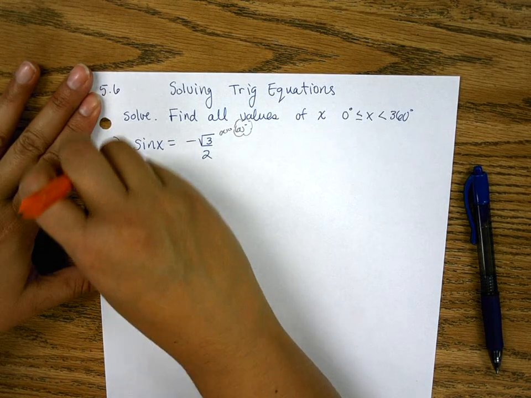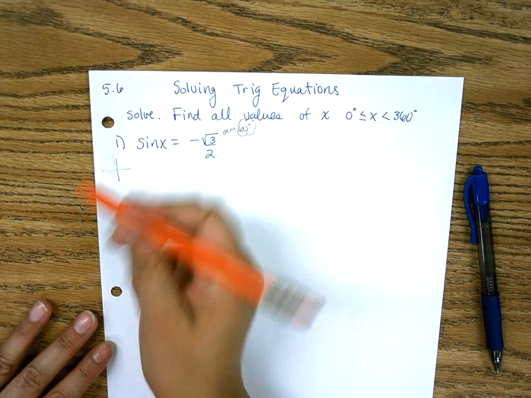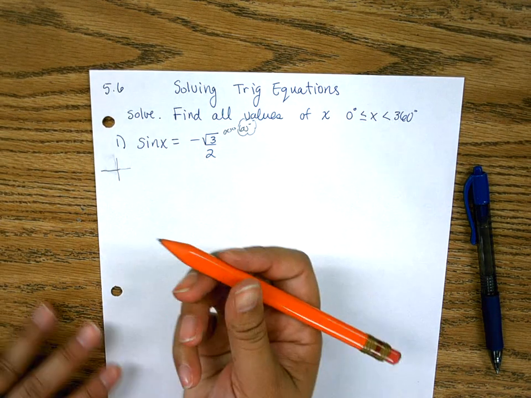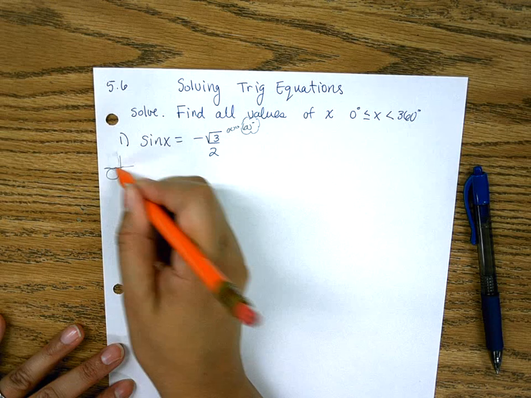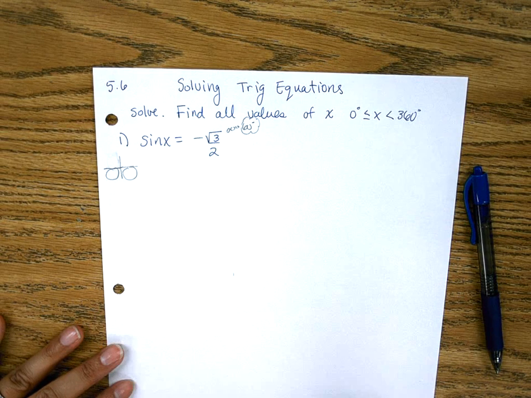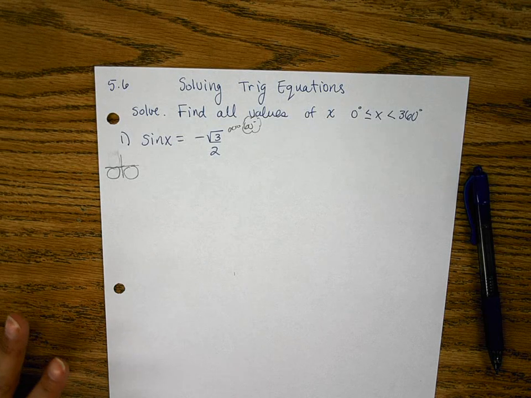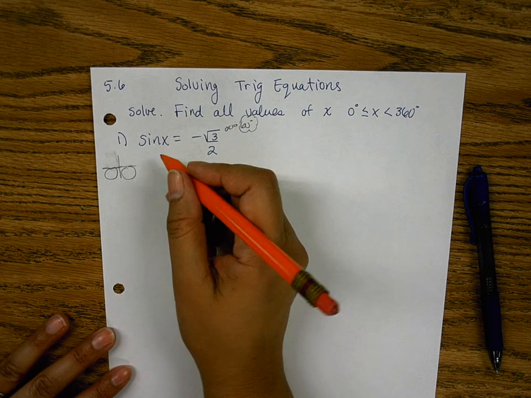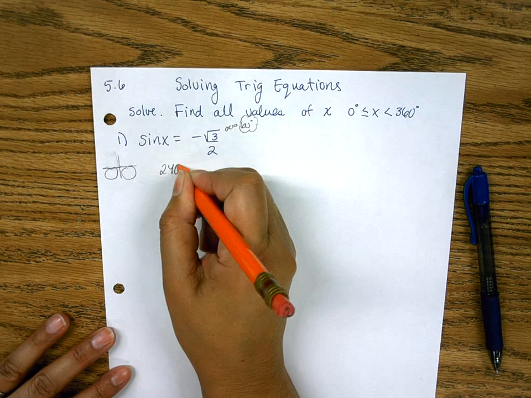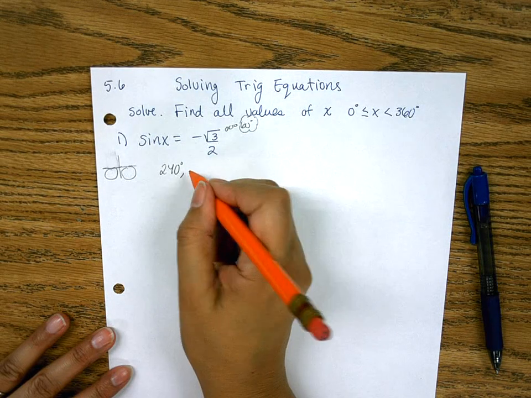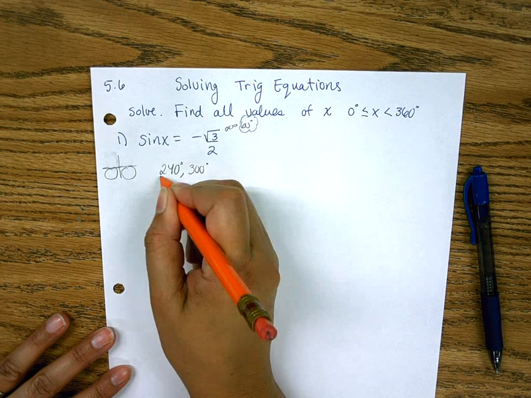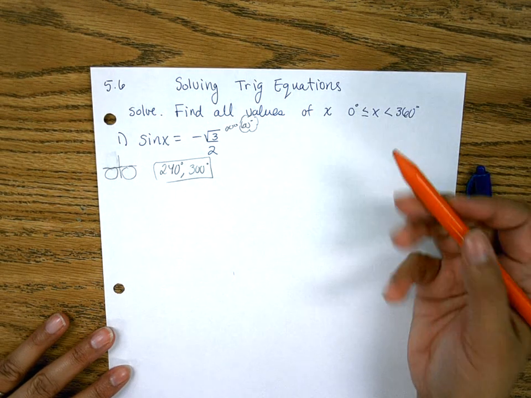It's quadrant 2 and, I'm sorry, that is positive there. Quadrant 3 and 4. So what you have to do is figure out what 60 degrees is in quadrant 3 and quadrant 4. And that is 240 and 300.